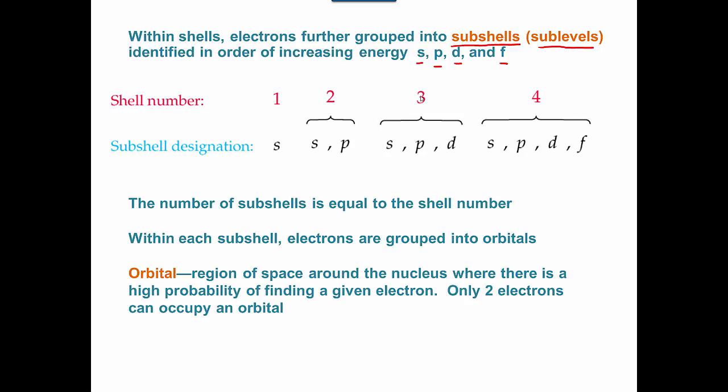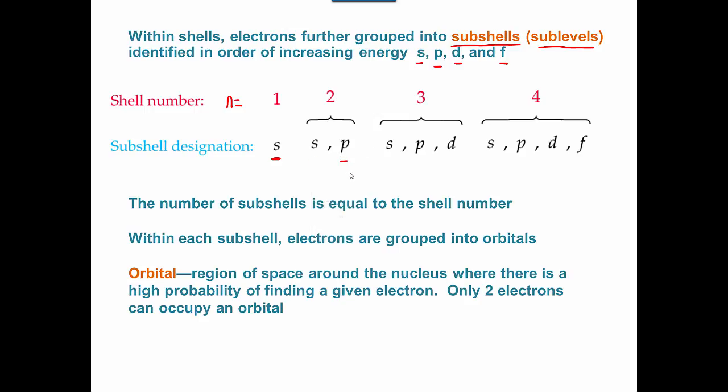Now, we'll find as we start writing electron configurations, there's some exceptions here, and I will point those out. So, we have the shell number, or n, equal to 1. There is one subshell, and that's an S subshell. For n equal to 2, we have 2 subshells, and that would be an S and a P subshell.